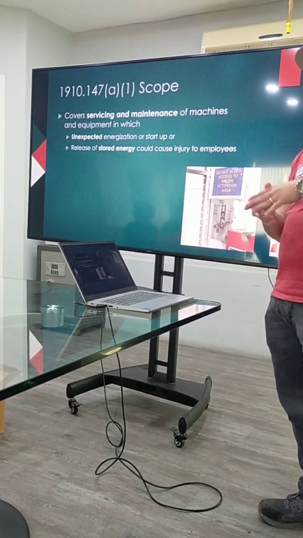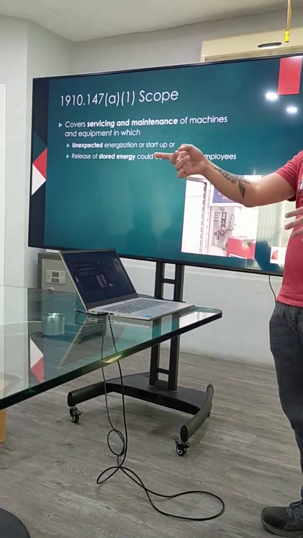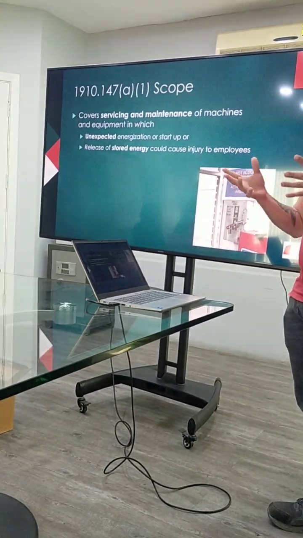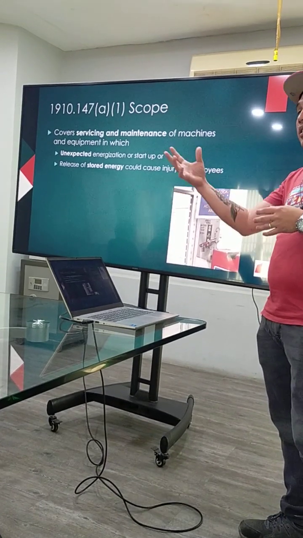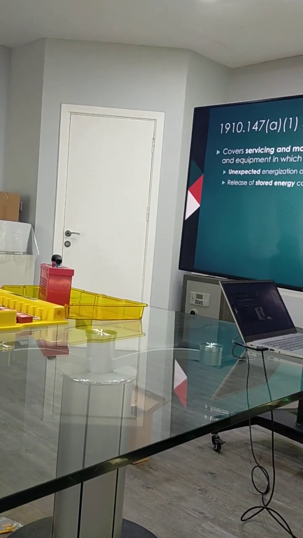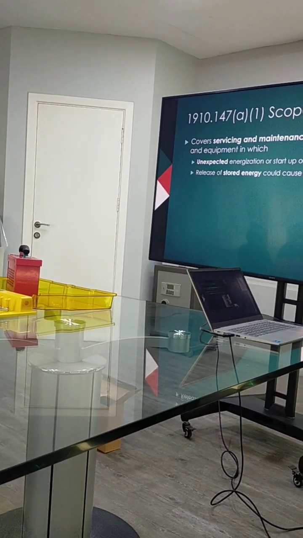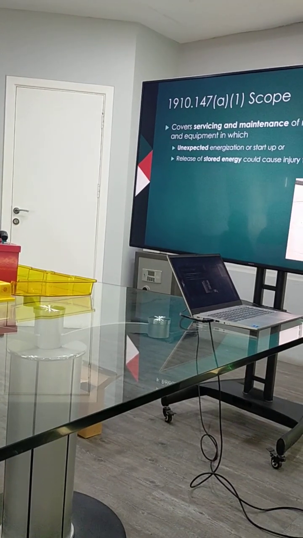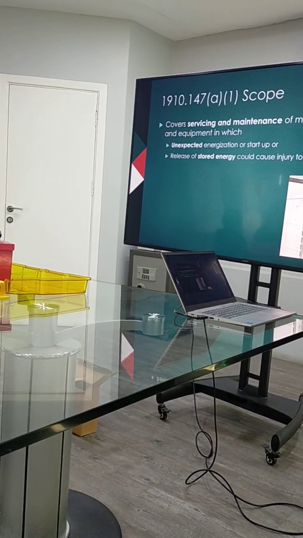No, it's wireless. What is the practice currently? Just turn off? Yeah, sure. With the help of the electrical? No, with the help of the production, they will switch off the breaker.